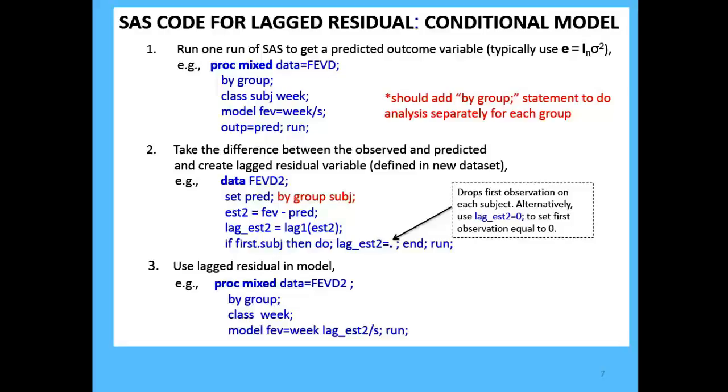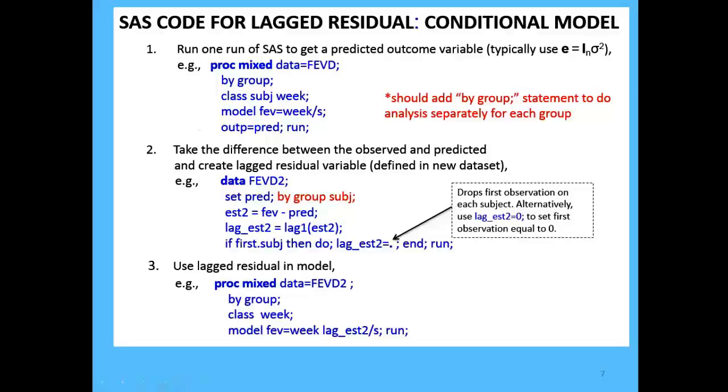So when I do this, and then I say output out equals PRED, run. What's this output statement doing? It's giving the results of everything, including the predicted FEV score based on fitting this model for every person in the data set.